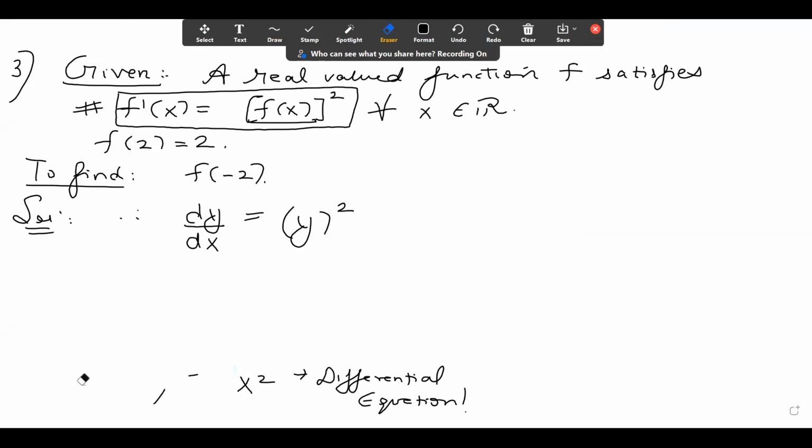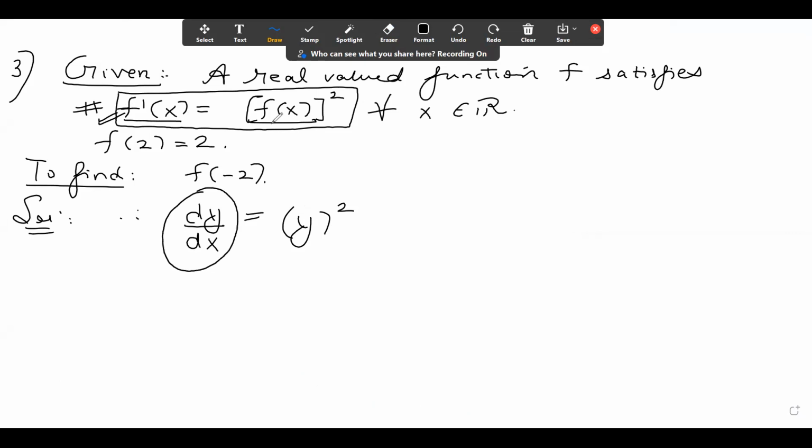Okay, forget about this. You can clearly see that f dash x is equal to f of x whole square, right? Let's start properly. f dash x is nothing but dy by dx. f of x is nothing but y, whole square. So I can write that dy by y square is equal to dx. I am using the method of separating the variables to solve for the differential equation.